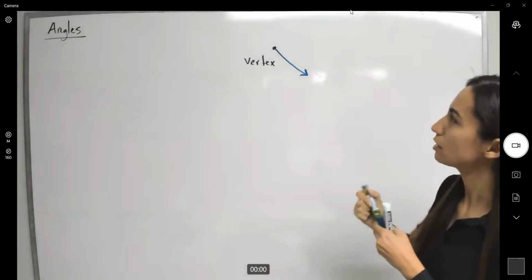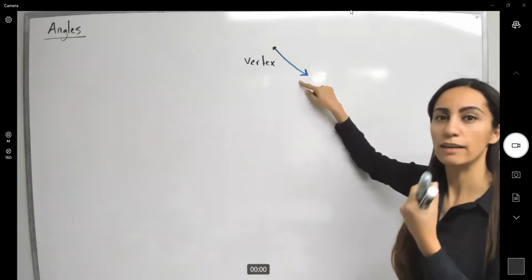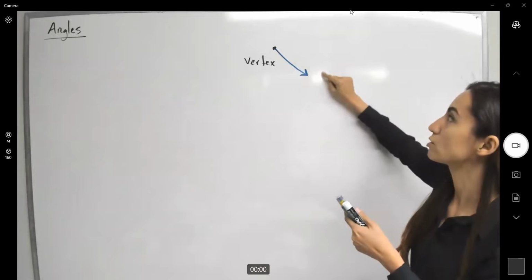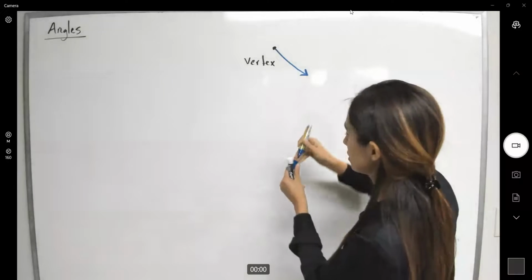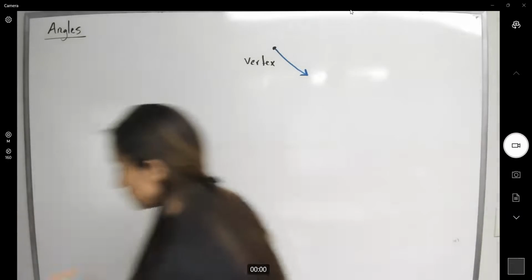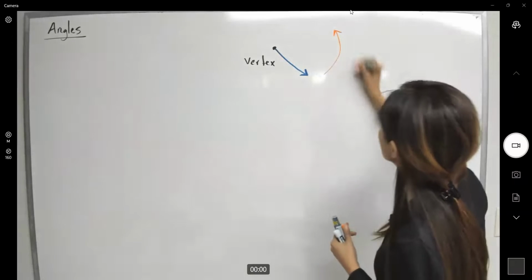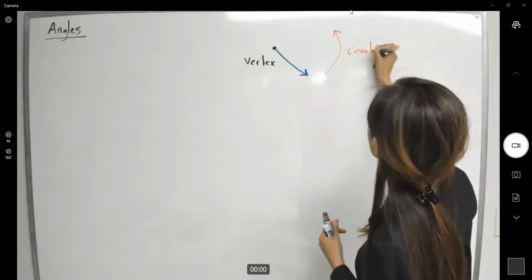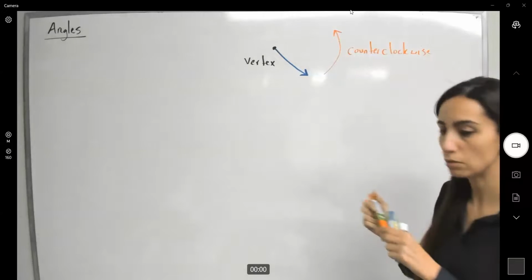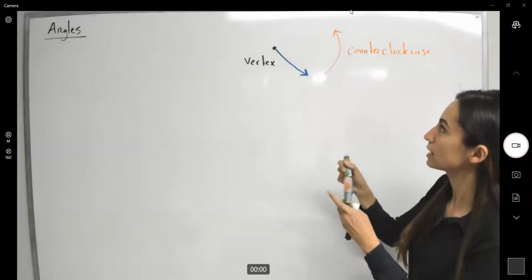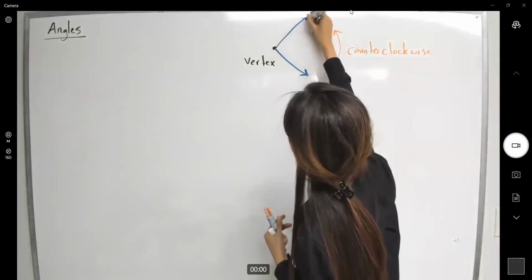Then I start taking this small arrow, small ray, and start rotating this counterclockwise. So this is the direction that you're taking, counterclockwise. Well, this ray, for example, stops at this position.